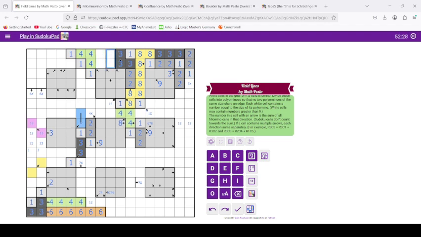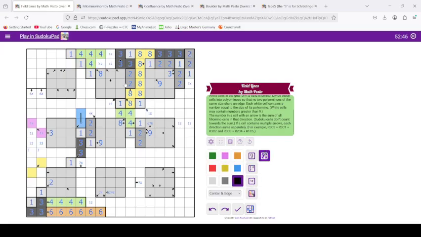One is a 4, the rest are 1 and 2. Which means this is an 8. This one therefore cannot be a 4, so this is a 4. Otherwise this would also be an 8.